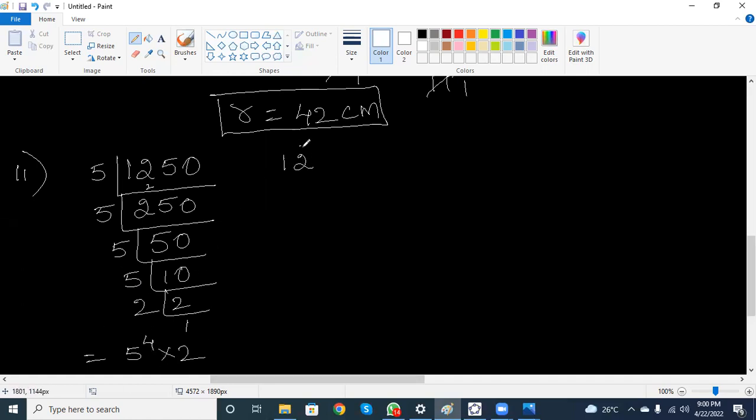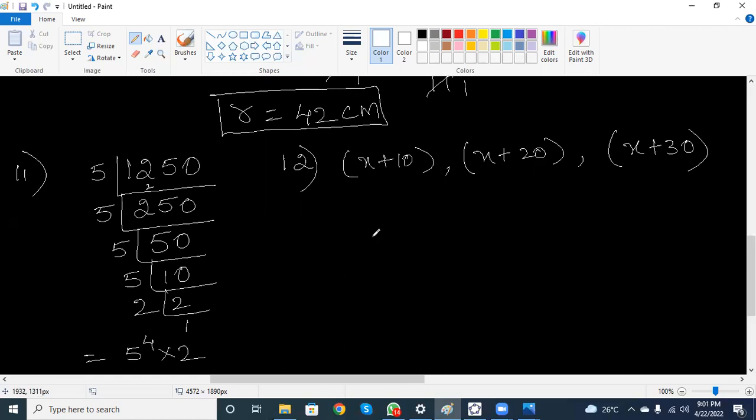12th question. Triangle, there are 3 angles, find the angles. X plus 10 is one angle they have given. X plus 20 is the other angle. And X plus 30 is the third angle. Find the X and find all those 3 angles. So we will use here the angle sum property.